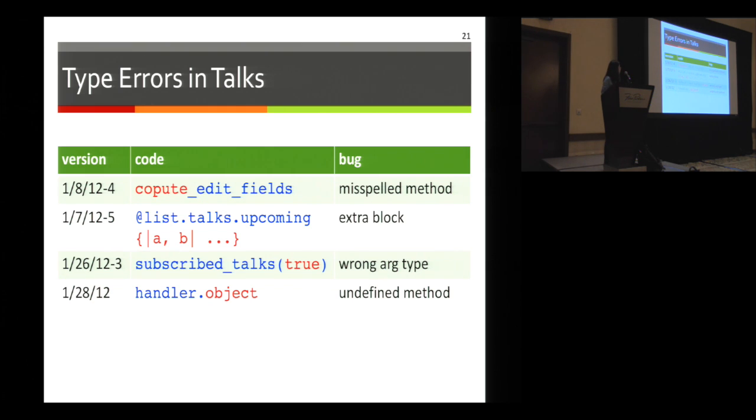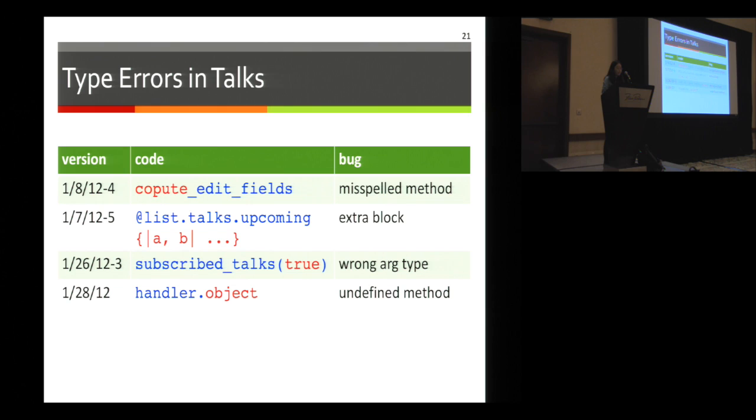The first one is a place where we have a name that was not spelled correctly, and the second bug here is, and this is probably the most interesting, it actually silently ignores extra blocks at random.